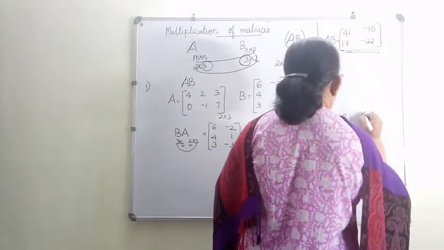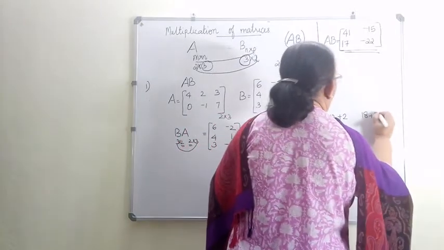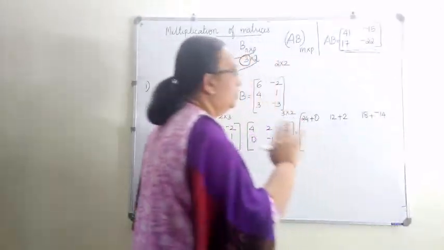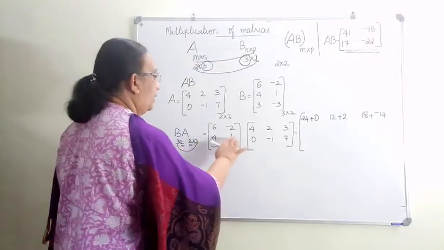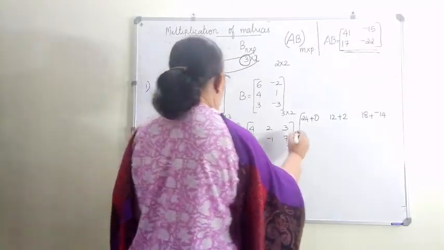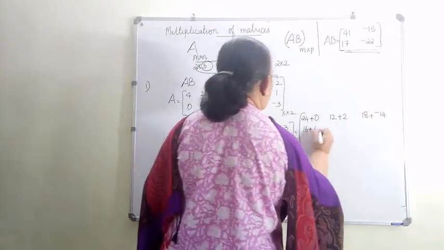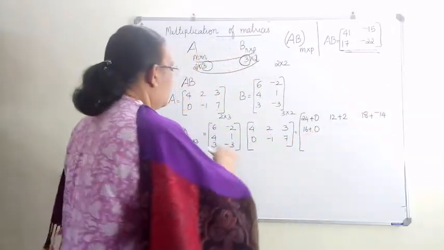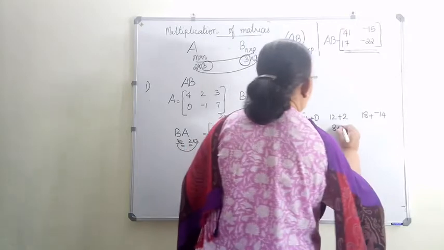First row into the third column: 6 into 3, 18, plus minus 2 into 7, minus 14. So with first row everything is done. Now come to the second row. 4 into 4, 16, plus 1 into 0, 0. Okay. Next one, 4 into 2, 8, plus 1 into minus 1, minus 1.